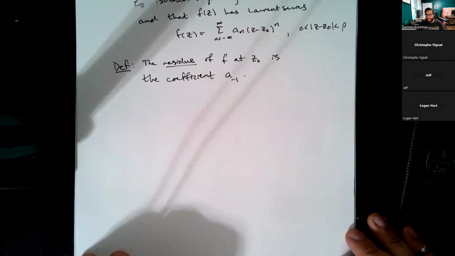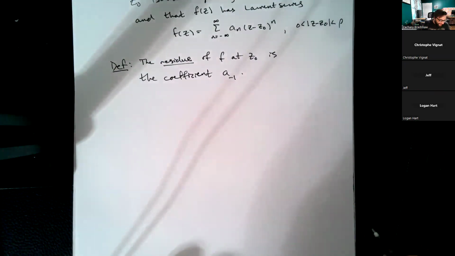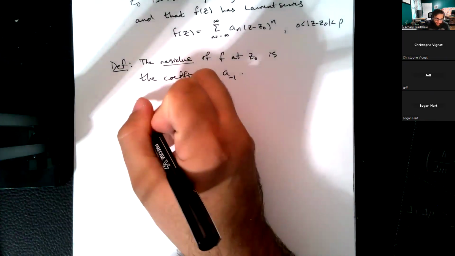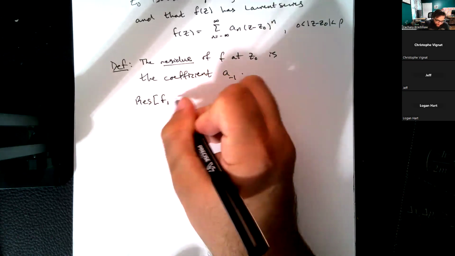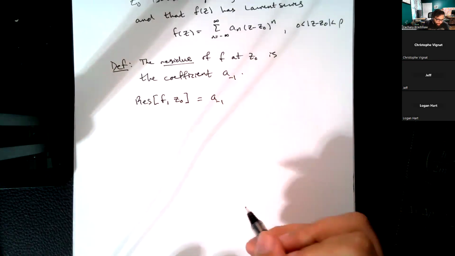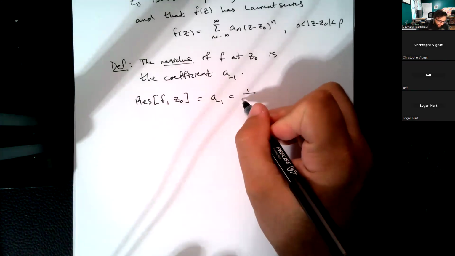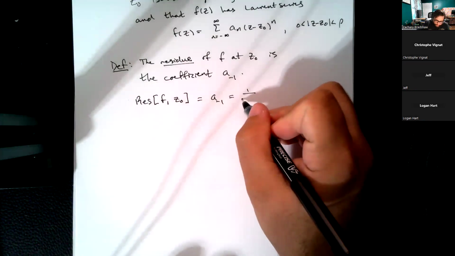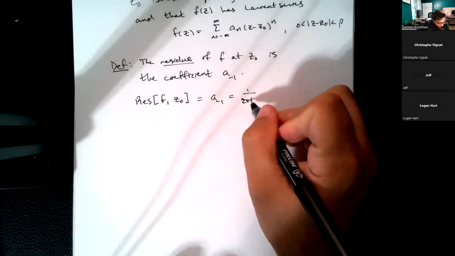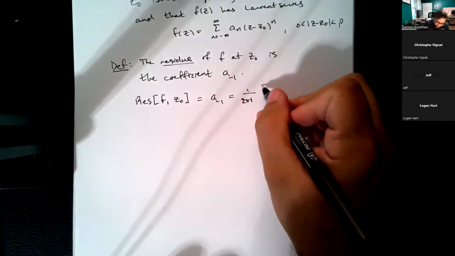And now I will tell you a little more detail. First of all, the notation we write for residues is the residue of f at the singularity z0 is a minus 1, which we remember from Cauchy's integral formula.